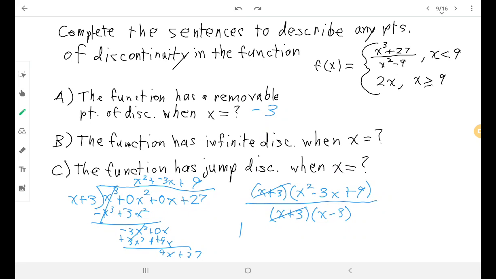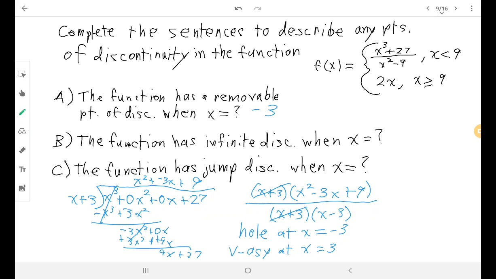So there's a hole at x equals negative 3, and there's a vertical asymptote at x equals 3. So the factoring and the canceling or not canceling and denominator being 0 in those ways is what tells me all of that.